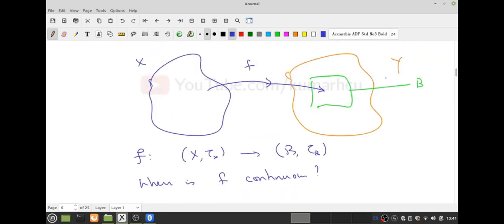So look at the picture. Originally this fellow was not there at all. What I have is X, this blue, to this green B.